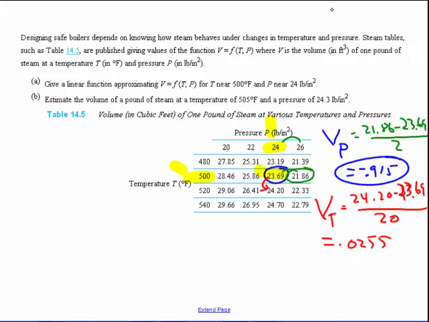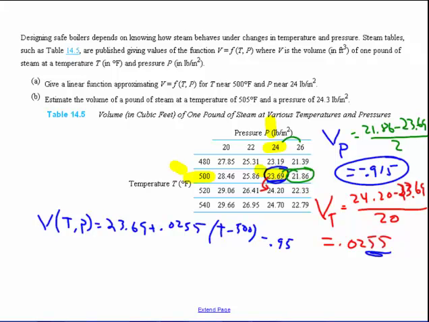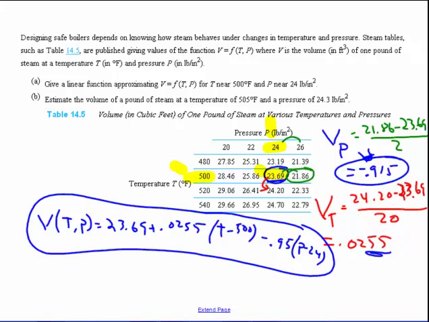So our linear approximation is going to be that the volume as a function of temperature and pressure will equal 23.69, that's the volume, plus 0.0255, that's this here, times (temperature minus 500), minus 0.915, that's the partial with respect to P, times (P minus 24). So that's our local linearization, and that's part A done.